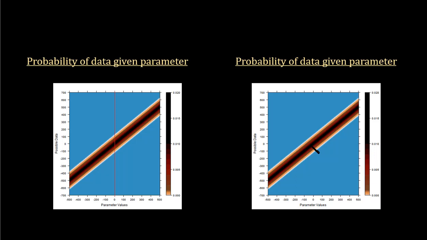If the parameter beta 1 is 0 in the population, the B1 in the sample can take this range of values. The most likely, of course, is 0, but values close to 0 are also likely, but as you go further away from 0 they are less likely, and further away it's 0 or almost 0. And we do the same for each possible parameter value.